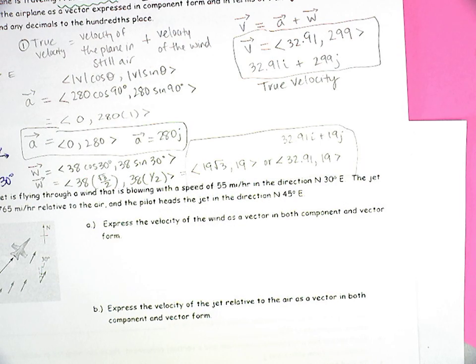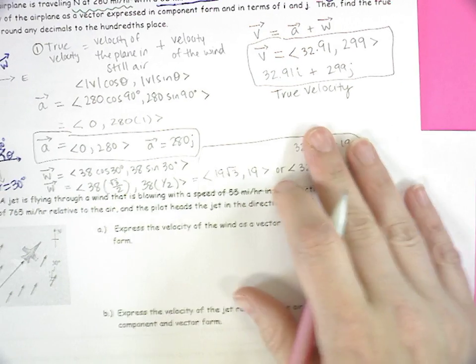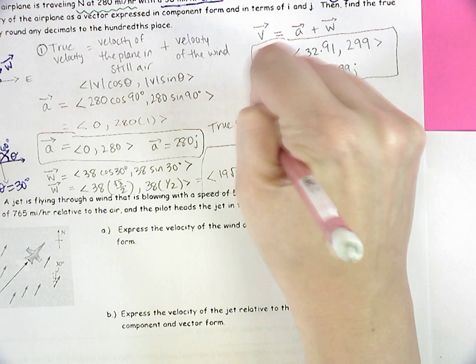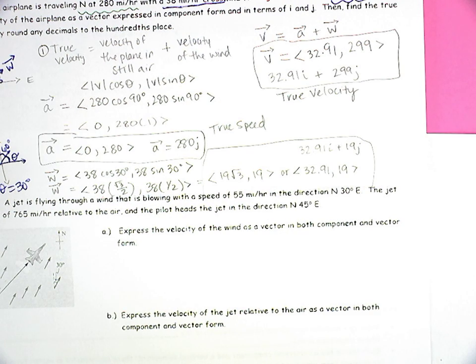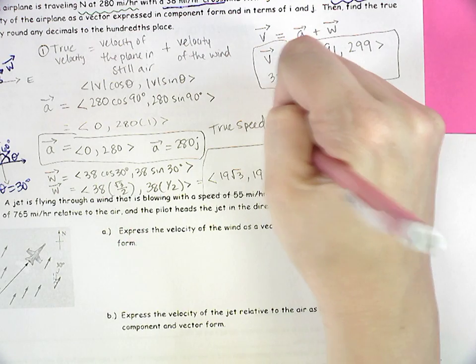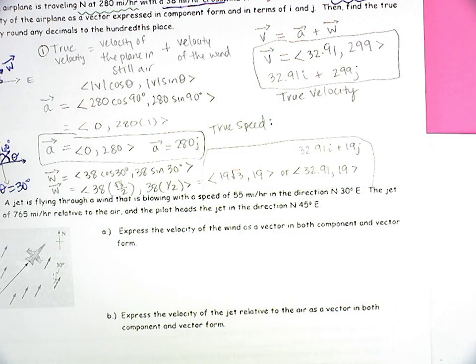It says then find the true speed. If we look back on our first page, we highlighted it. The true speed is going to be what? The square root of a squared plus b squared. Yeah, which is called the magnitude.